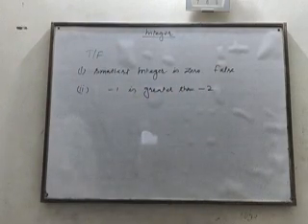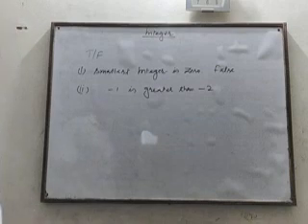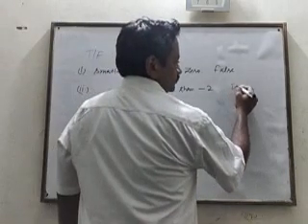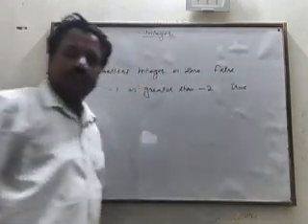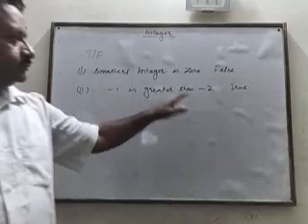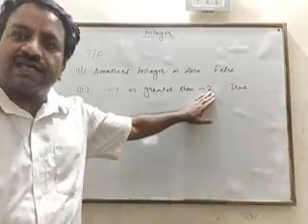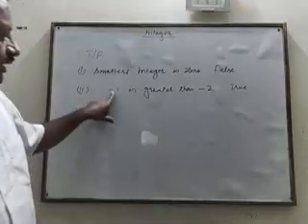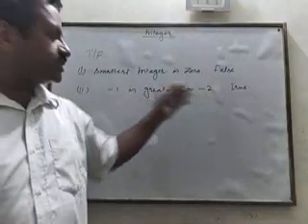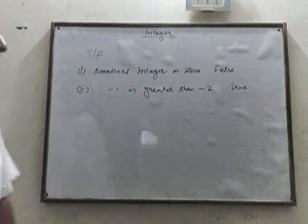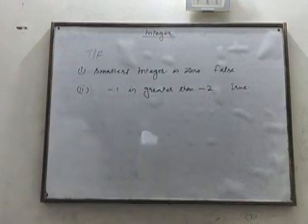Is this statement true or false? True. Why is it true? Because among negative numbers, the one that looks greater is actually the smaller one. So greater is this, smaller is this. So it is written correctly: minus 1 is greater than minus 2.